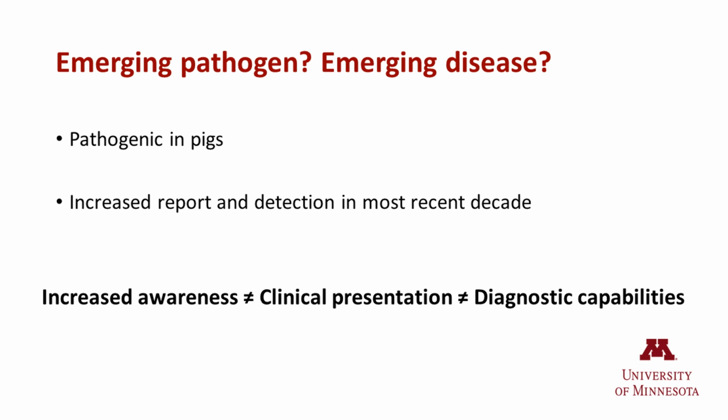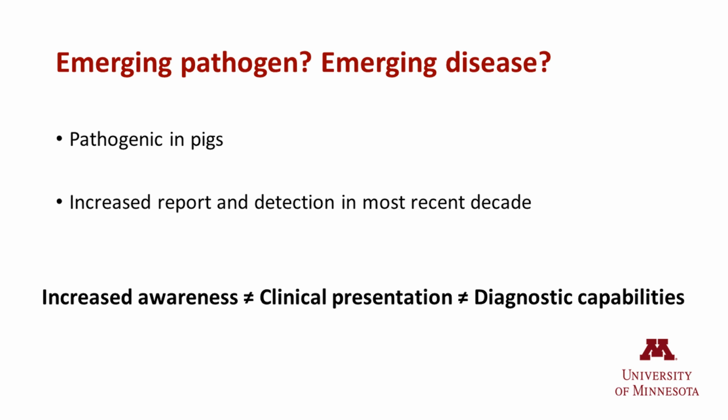More recently, and I would say in the last decade or so, we have had increased reports of the detection of this agent. Honestly, I battled with how to call this agent, and it's hard for me to have it clear in my mind. Is this because there is increased awareness of the problem? Is it because the clinical presentation is different now than in the past?